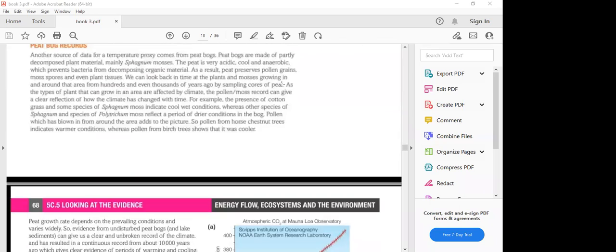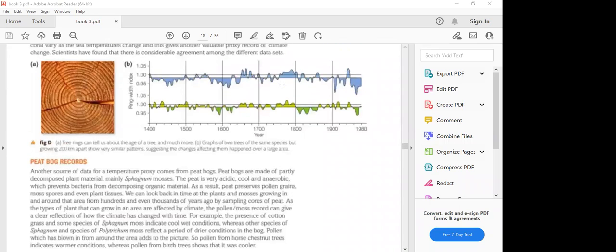For the sake of example, suppose you have found a peat coal. This peat coal is made up of a particular kind of fern. We know that this fern used to be found 1 lakh years ago. So what is the age of this peat coal? Approximately 1 lakh years. Clear?